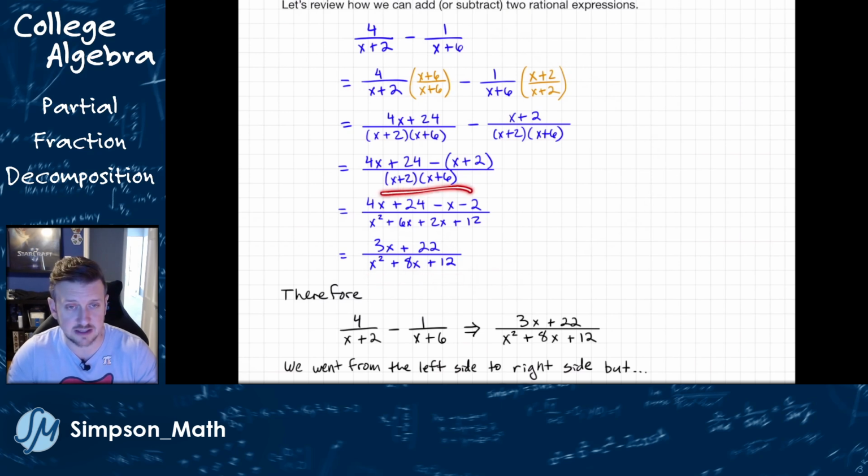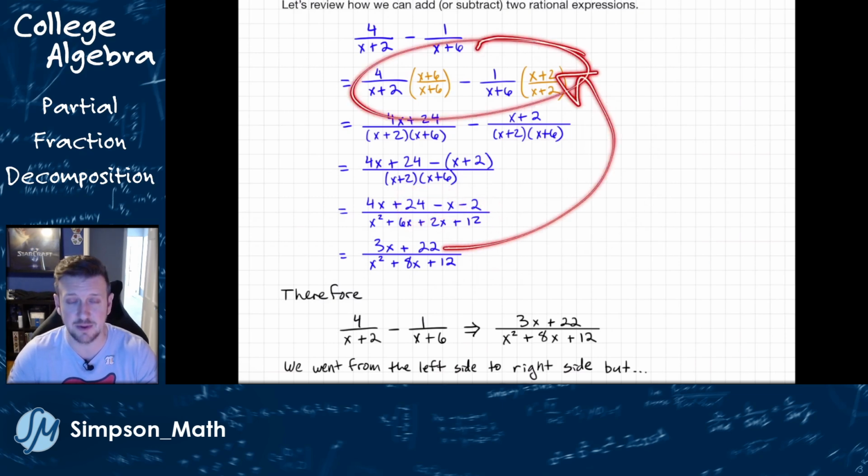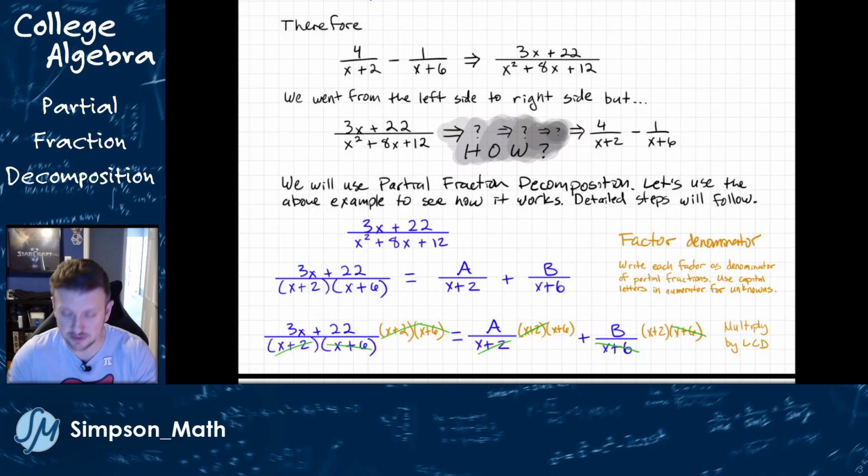I could factor it into x plus 2 times x plus 6, and then I can break that apart somehow. But I would need to figure out what that numerator is. There are a lot of weird, messy steps here that would be awkward to backtrack, because there are a lot of ways that could happen. So we're going to logically jump to this step and fill in the rest using algebra.